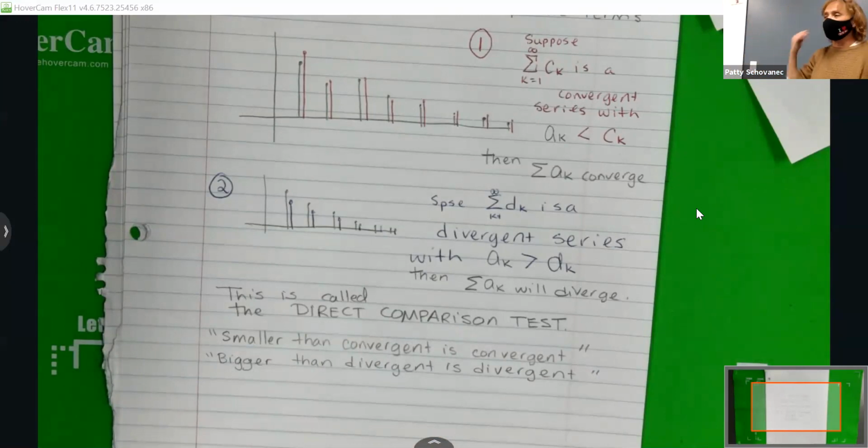If your series behave in either of those two ways, then you're using the direct comparison test.